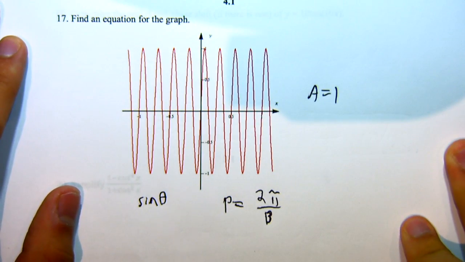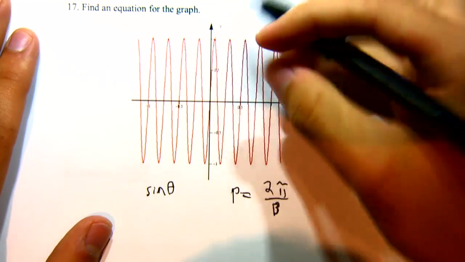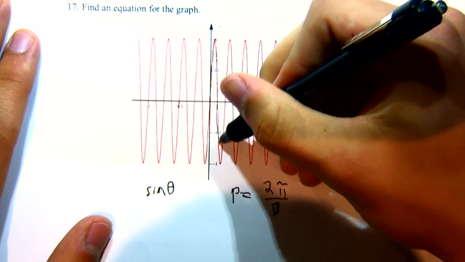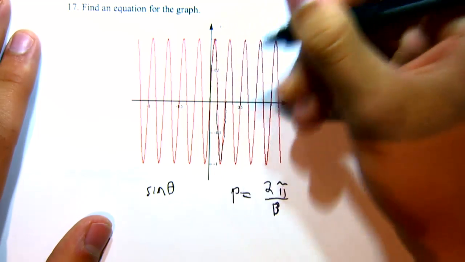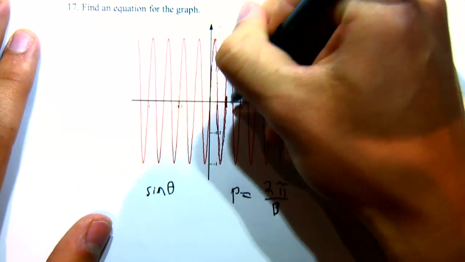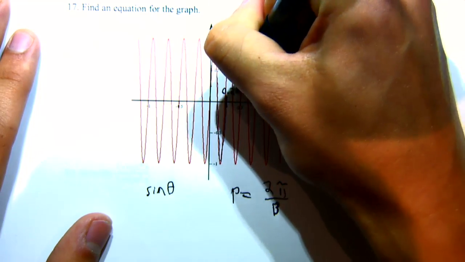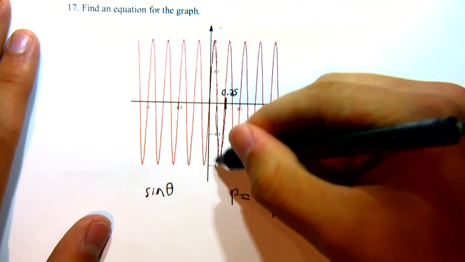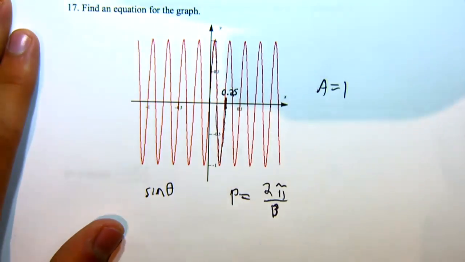And now we know that what we have is the period, because this goes a full cycle in that length. And this right here is 0.25. It's half of 0.5 since we complete 2 cycles within that time. So 1 cycle is completed in 0.25.